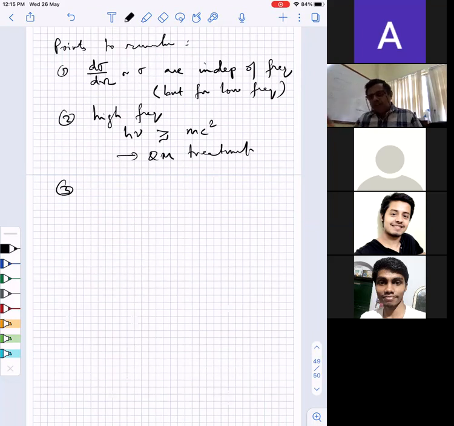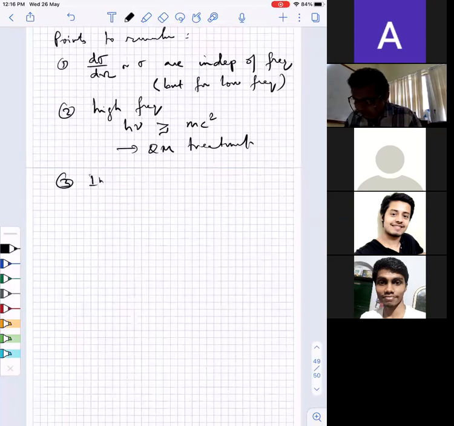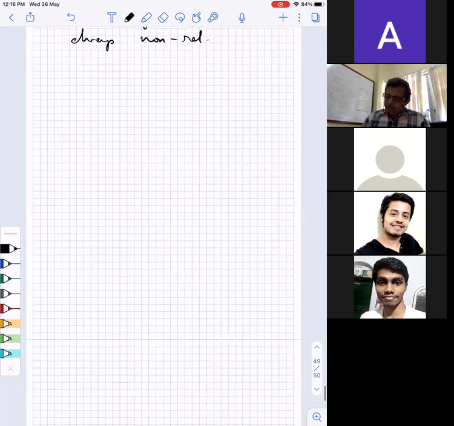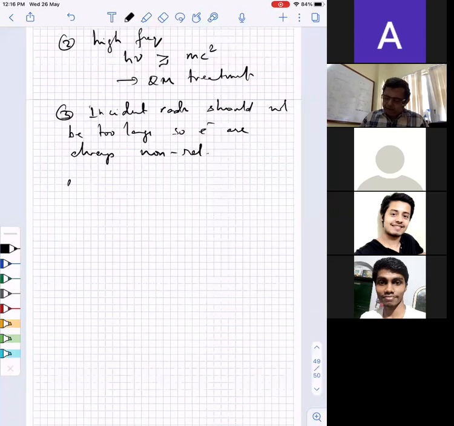We have to be careful that the incident radiation should not be too large, so electrons are always non-relativistic.